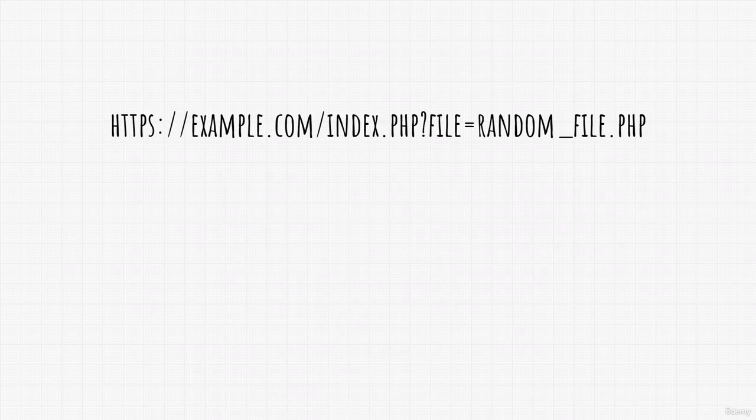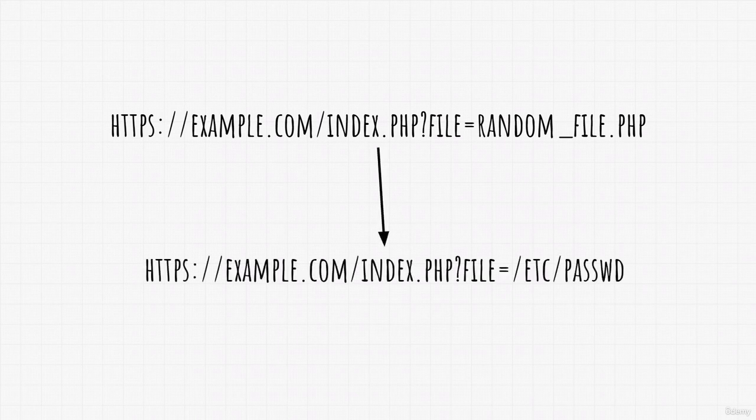We can assume that this randomfile.php is stored somewhere on the server. But so are all the other files that we don't have an option to download. So have they implemented a good and valid filter that will only allow us to download the files that they offer? Well, we can find out if we try something like this.